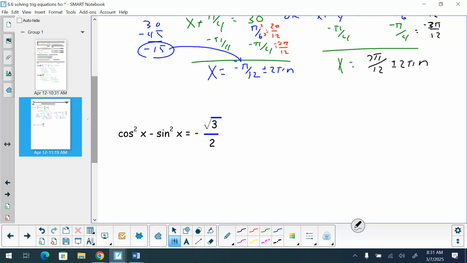Last one, we have cosine squared minus sine squared is equal to negative square root of 3 over 2. Once again, I have two different trig functions. I have cosine squared minus sine squared. So I have to look back into my memory and figure out, what was cosine squared minus sine squared?